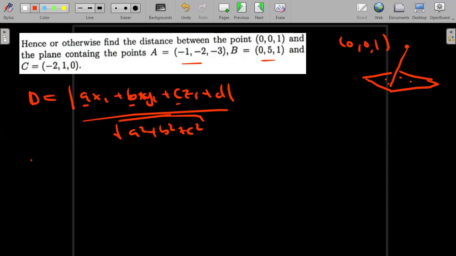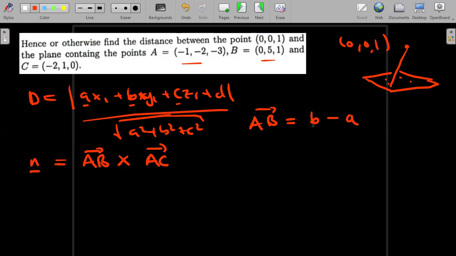To find the normal vector, we have to find the cross product of these vectors. So the normal vector is going to be equal to, so you need to find AB, then you find the cross product between AB and another vector, which is AC in this case. Before we find the cross product, we must find AB. AB can be found, this is just the same as saying vector B minus vector A. So what is our vector B?